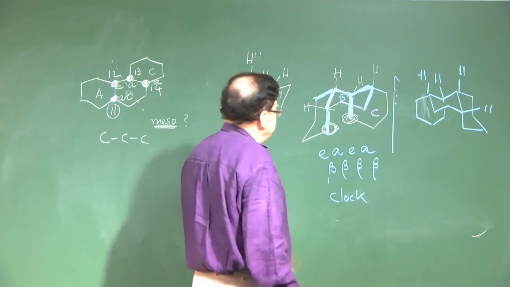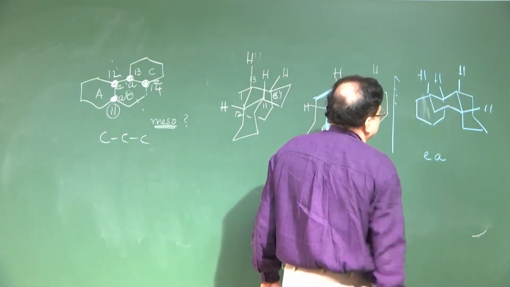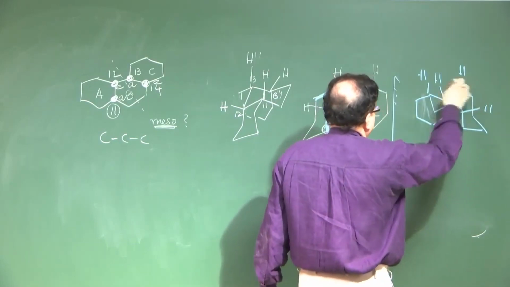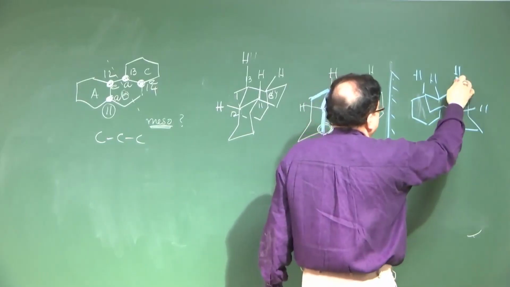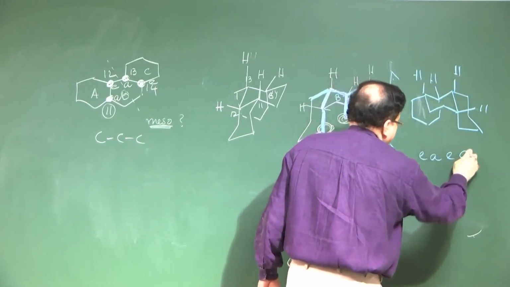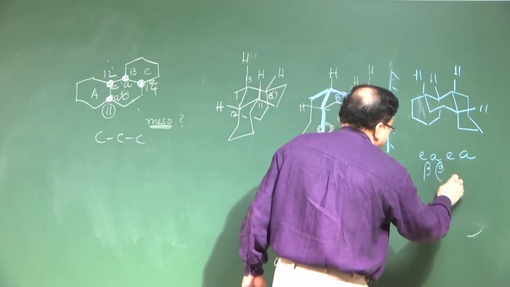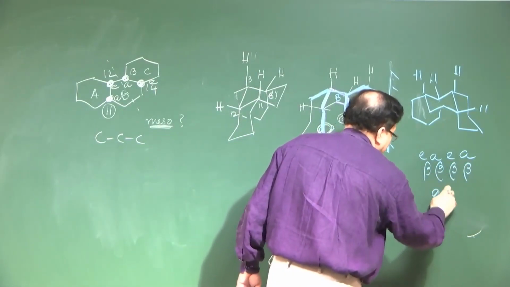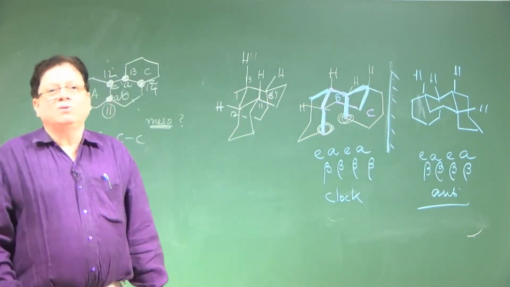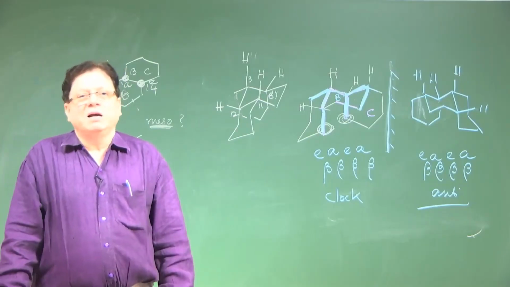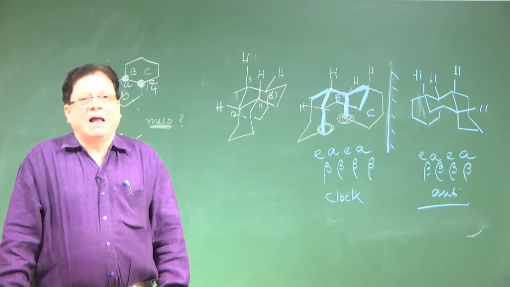If you do the same thing here, equatorial, axial and then equatorial, axial, remember, yes, I drew the mirror image, very sorry, equatorial, axial, okay, then beta, beta, beta, beta, but the direction is anti. Okay. So, they are non-superimposable mirror images.